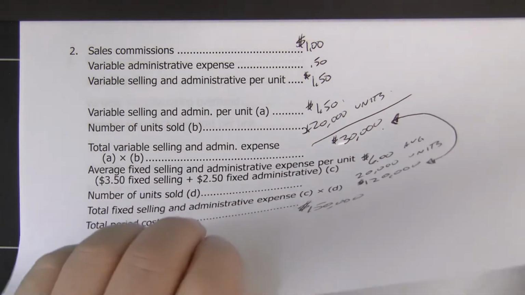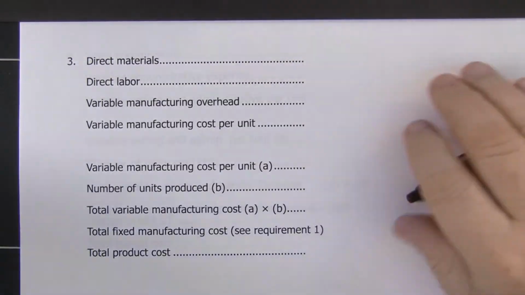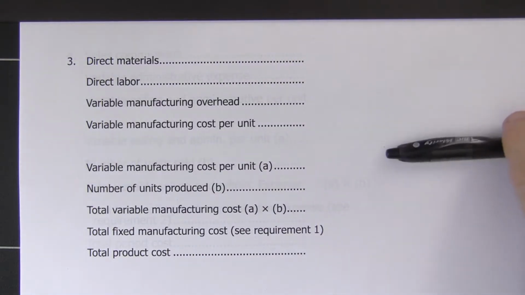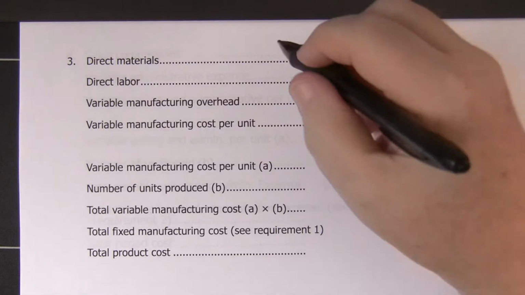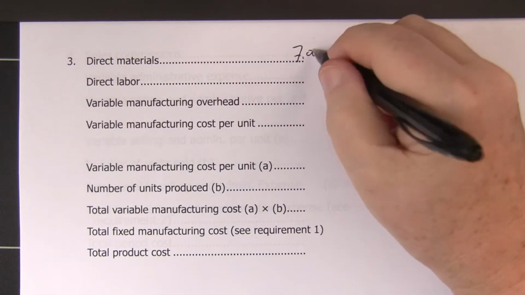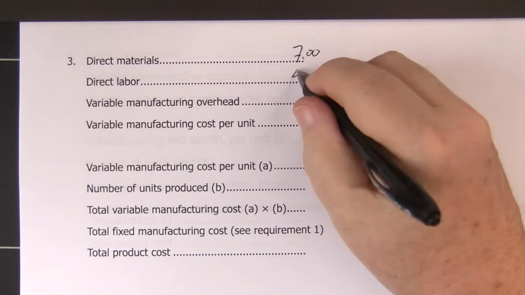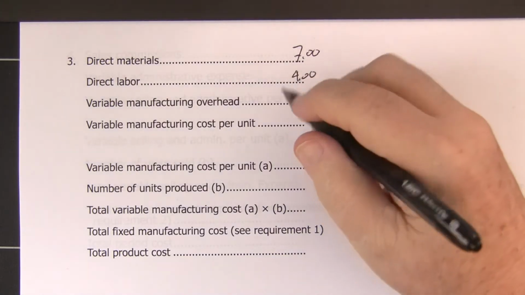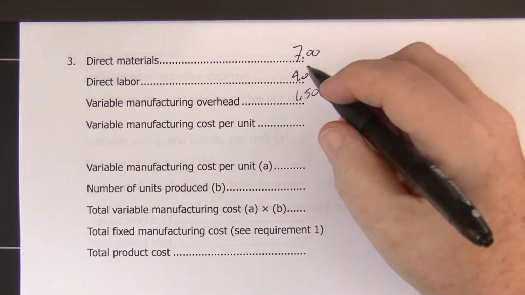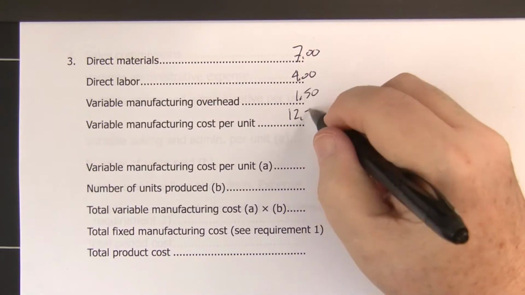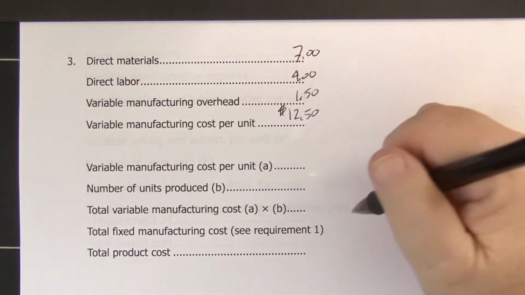Now the next part of the problem, part 3, they say, what is the total amount of product cost if we make 22,000 units? So everything's the same. The direct materials still stays at $7. The direct labor still stays at $4. The variable manufacturing is still $1.50. So the total variable manufacturing cost is $12.50.